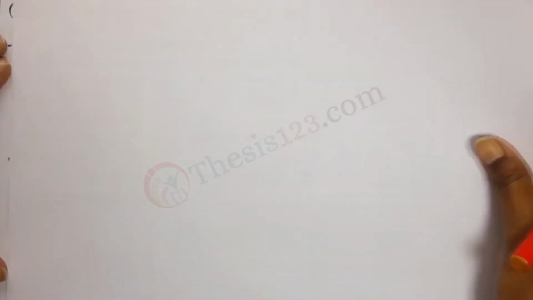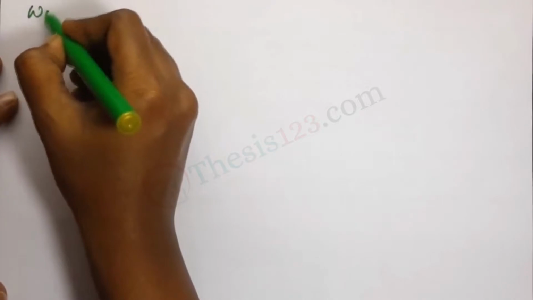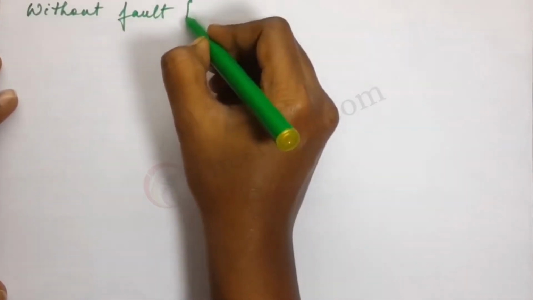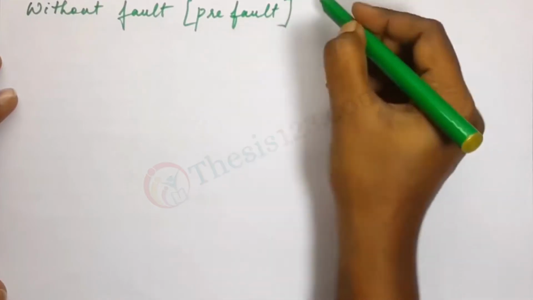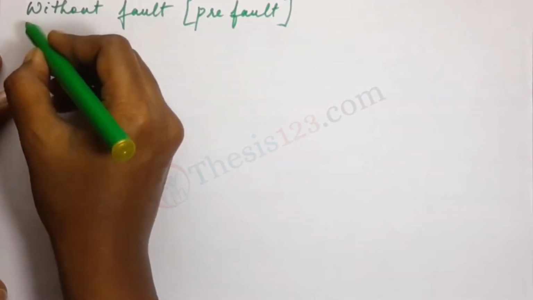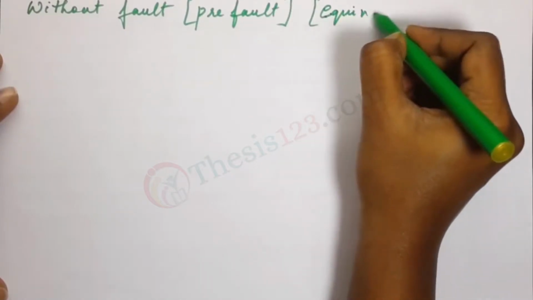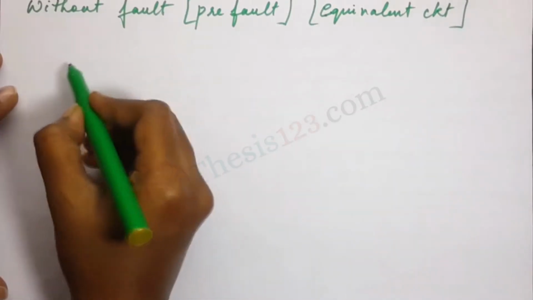So the first step, let's write down, this is without the fault occurring, or pre-fault. This is the equivalent circuit. Let me just draw that.